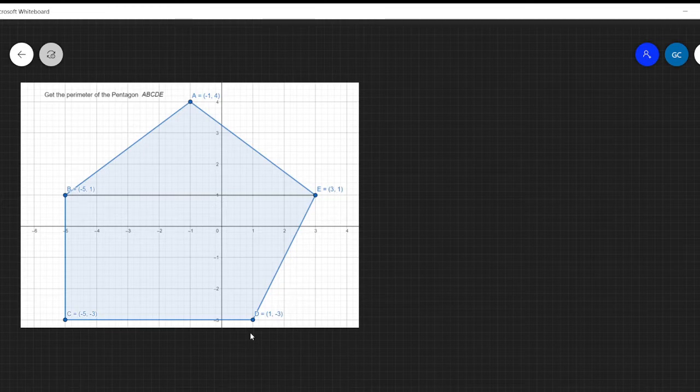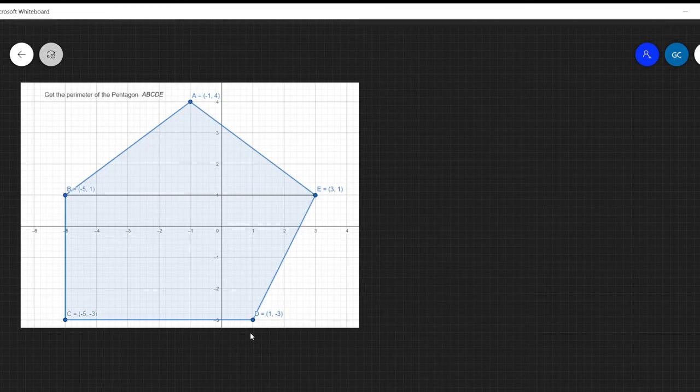So we have here line segments, points A to E. As of now, you may have seen that we will be using the distance formula, which we have not used for a long time.